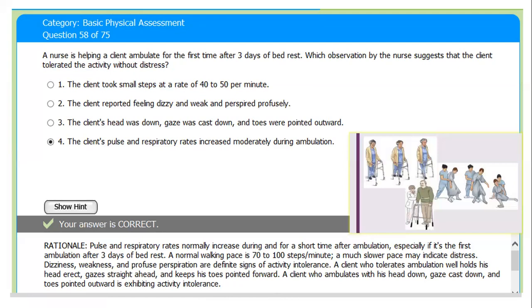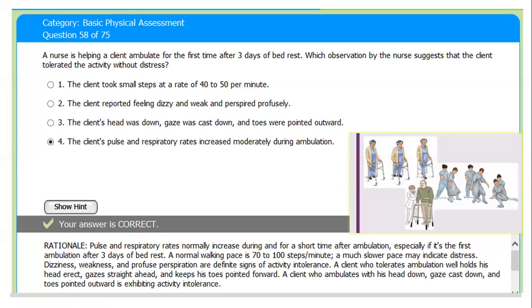A client who ambulates with his head down and toes pointed outward is exhibiting a sign of activity intolerance, right?